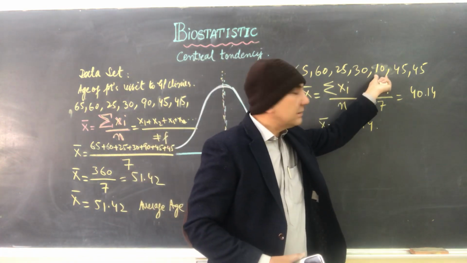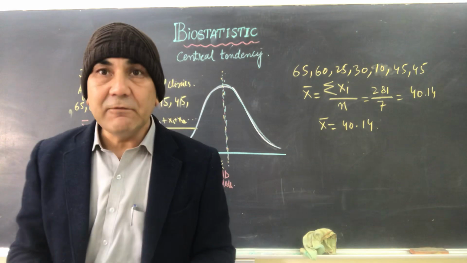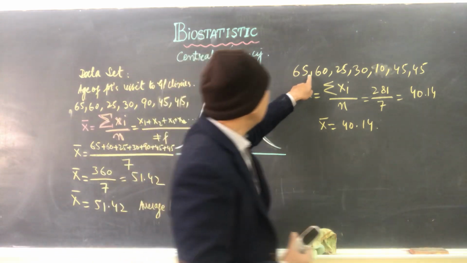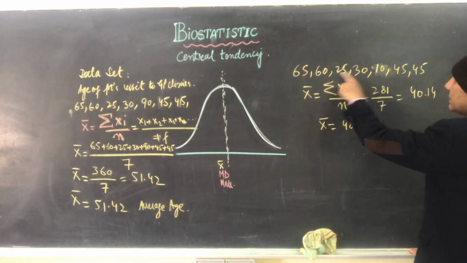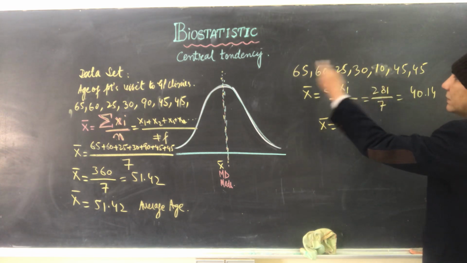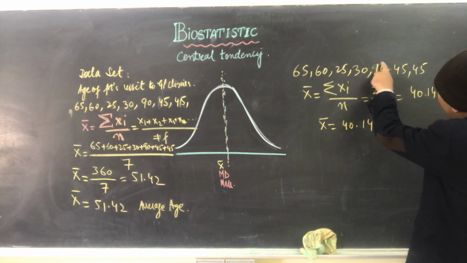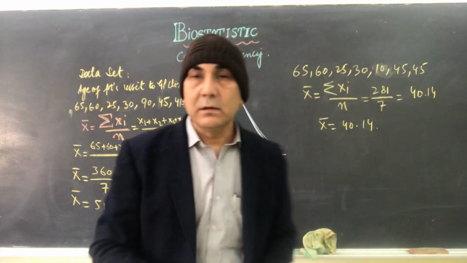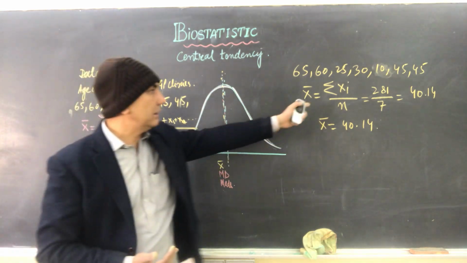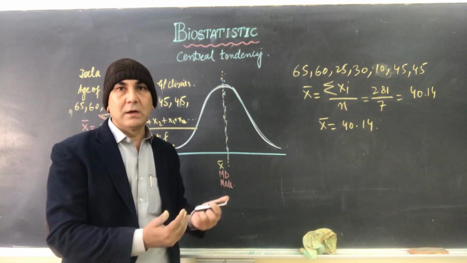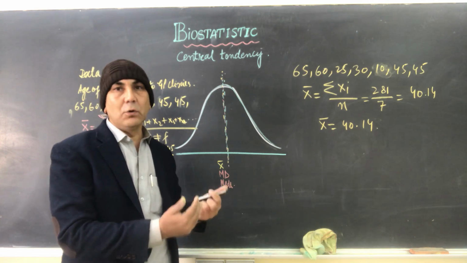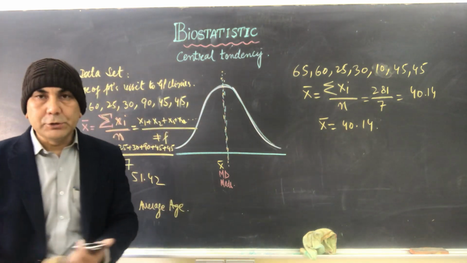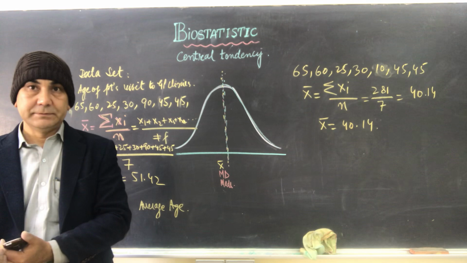Now this 10 years is the outlier, the extreme value, a very young age group, less than 20 years. Out of the 7 data points, all are more than 20 years, but one is less than 20 years. So the lower outlier, the extreme value of the lowest data in the data set, pulled down the mean towards the lower side.